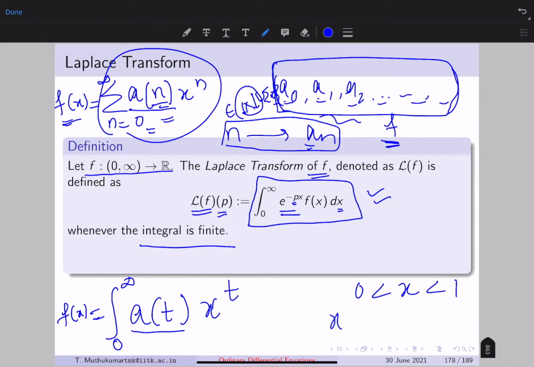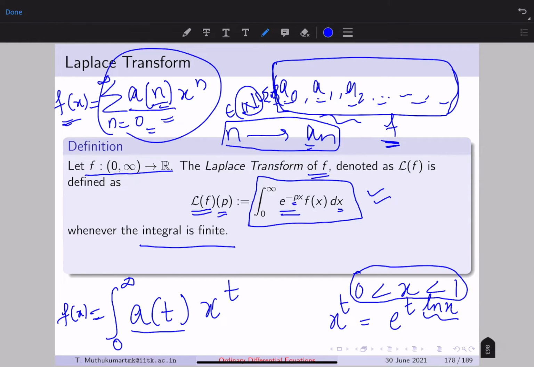You can think of x to the power t as the exponential of t log x. For log x to make sense, x has to be positive. When x is equal to 1, log 1 is 0, and when x approaches 0, log x goes to negative infinity.